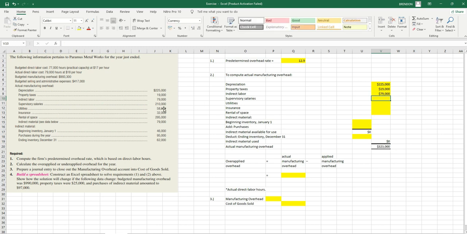Supervisor salaries, we have 210,000. Utilities, 58,000. Insurance, we have 32,000. Rental of space, we have 295,000.